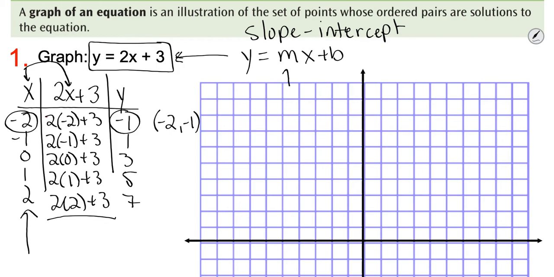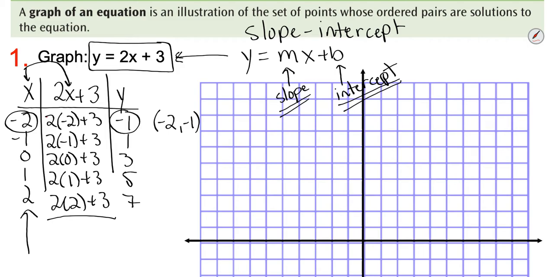This right here is my slope. This right here is what's called my y-intercept. All right? This is where you start on the graph, and then this is what tells you where to go. So we're looking at this graph over here, our 2x plus 3.